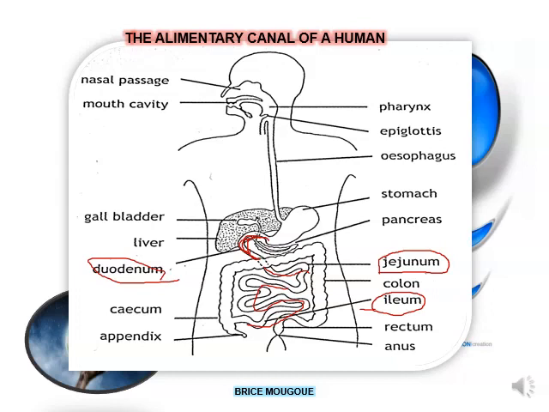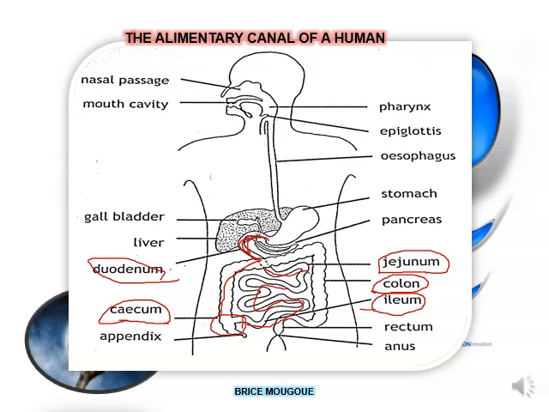The ileum now makes contact with a small short section that we call the cecum, which is the first part of the large intestine, because the large intestine as well is divided into three parts. It's called the cecum, and the second part of it is called the colon, which is the longest part of the large intestine.